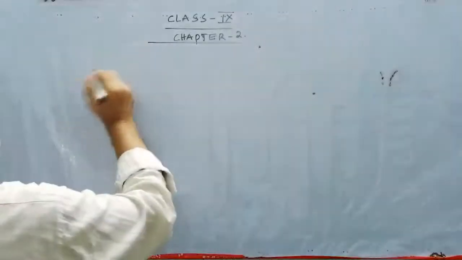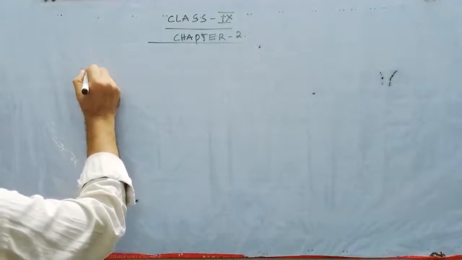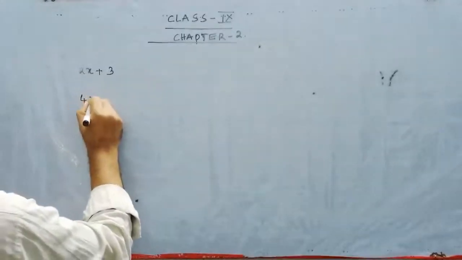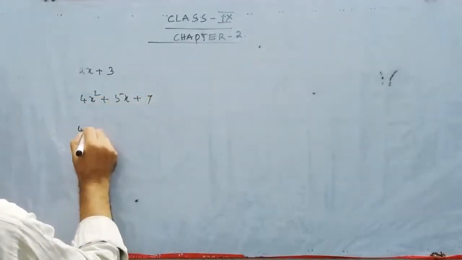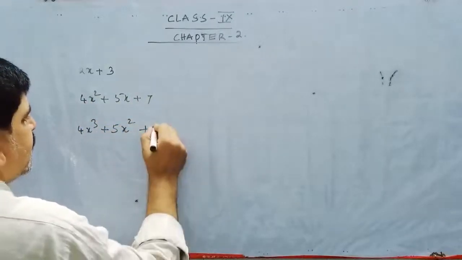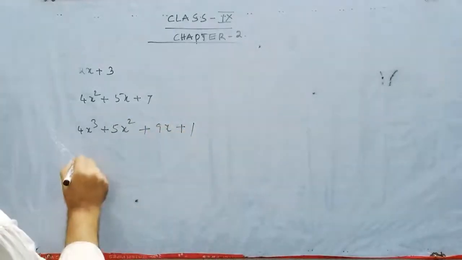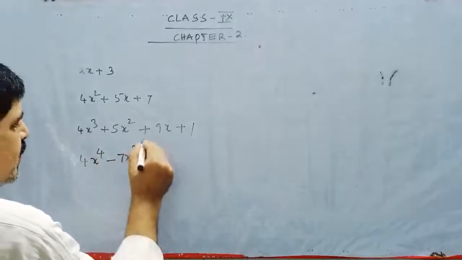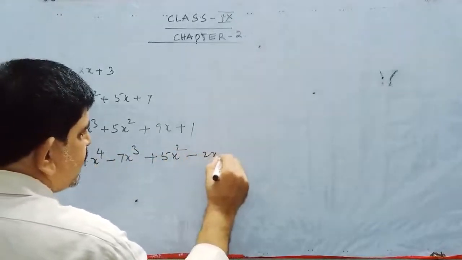Suppose these polynomials: 2x plus 3, 4x square plus 5x plus 7, 4x cube plus 5x square plus 9x plus 1, and 4x to the power of 4 minus 7x cube plus 5x square minus 2x minus 3.